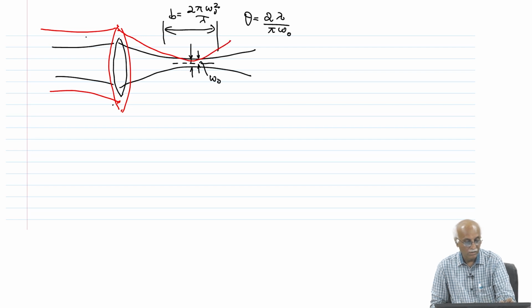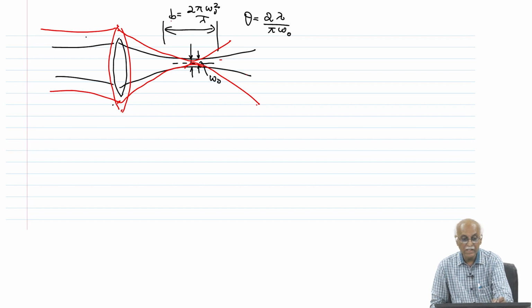So w0 for the red color is smaller than for the black color.